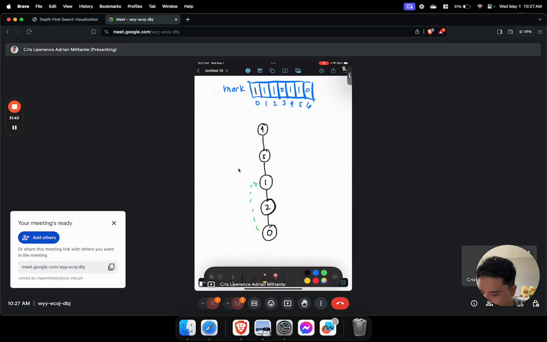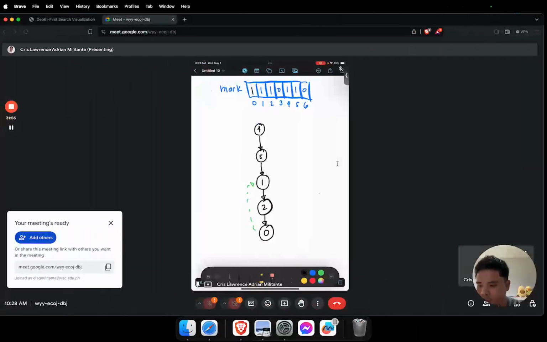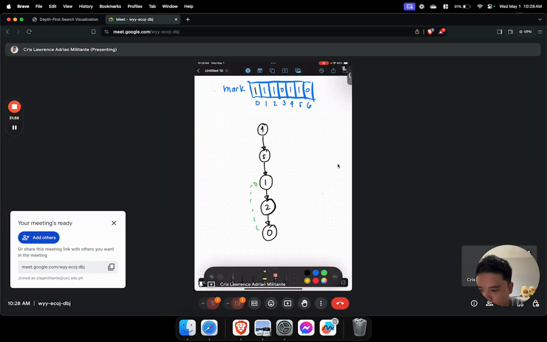Also, I just realized my drawing does not have arrowheads. Have I already visited 2? Yes, I have. So there's another broken arc going from 0 to 2.